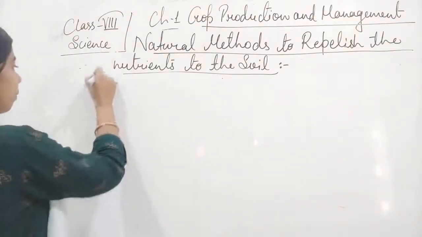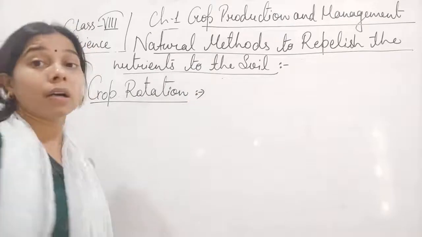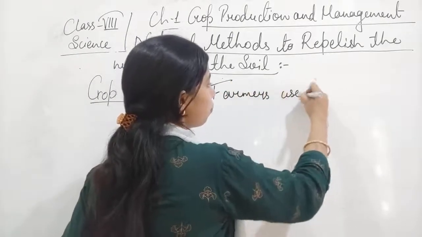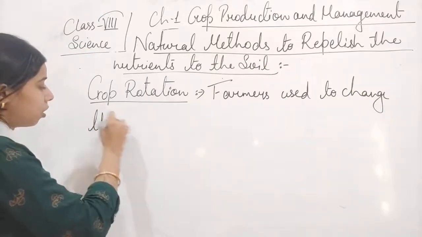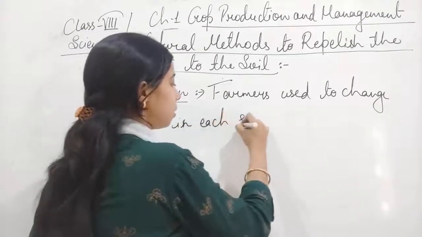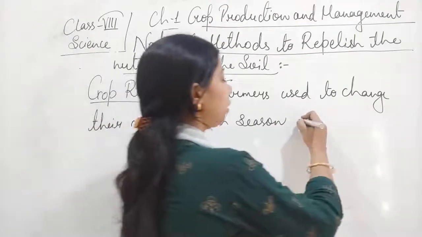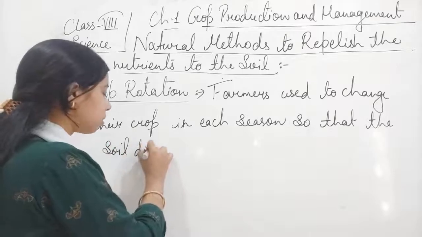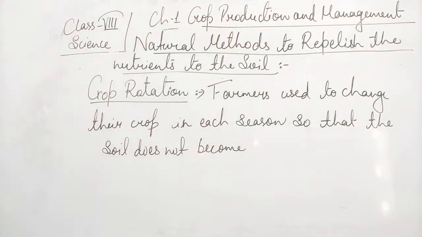In crop rotation, farmers change their crops in each season so that the soil does not become deficient in any particular nutrient.